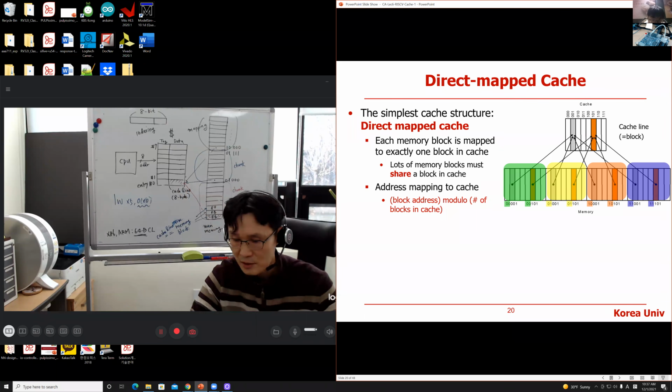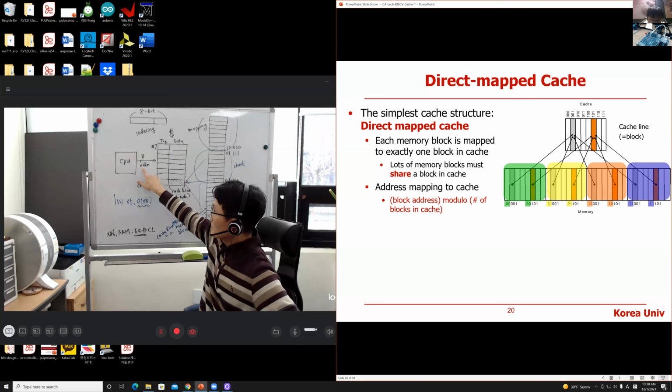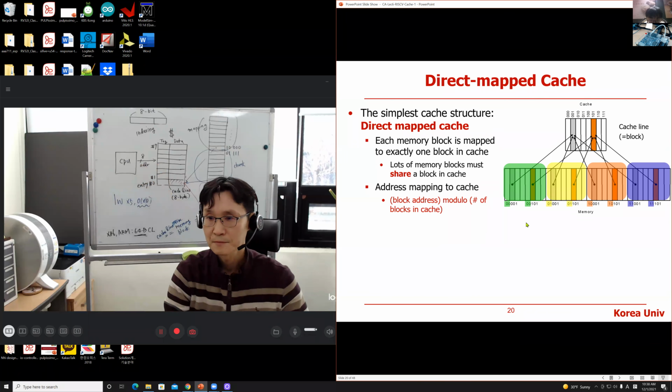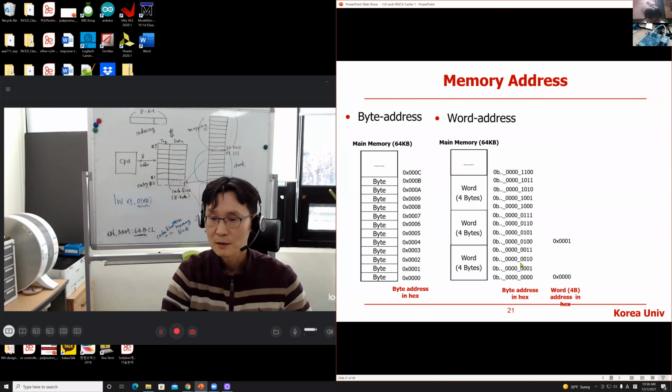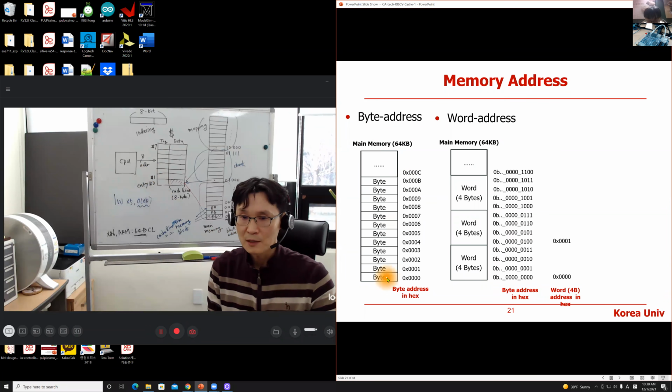What is the difference? Simple. The address the CPU generates is a byte address, right? So I have a slide here. That is byte address. In main memory, the first byte is located at 0, the second byte at 1, and so on.